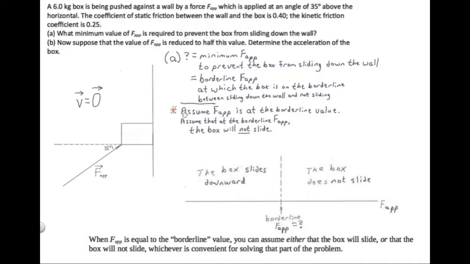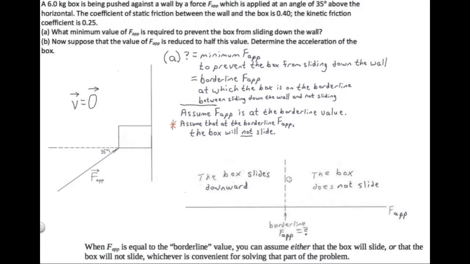To determine that borderline force, we need to assume that the magnitude of the applied force is at the borderline value. At the borderline value, should we say that the box will slide downward, or that the box will not slide? We need to notice that this is a certain type of problem. It's a minimum problem involving whether the object will slide.